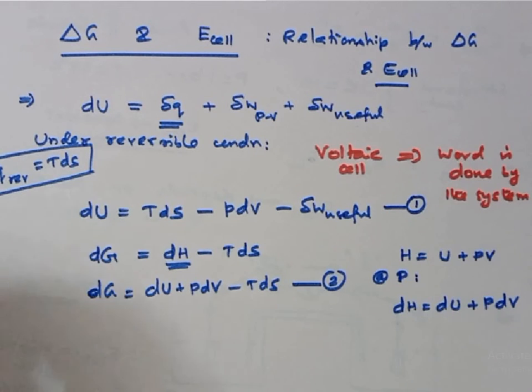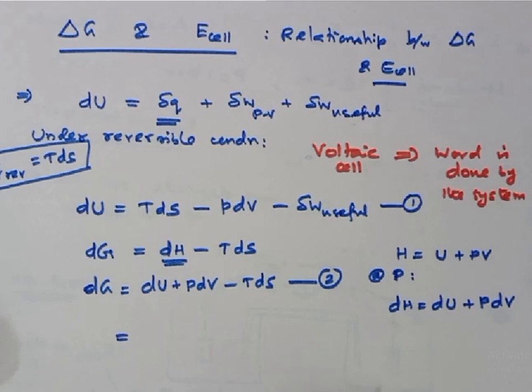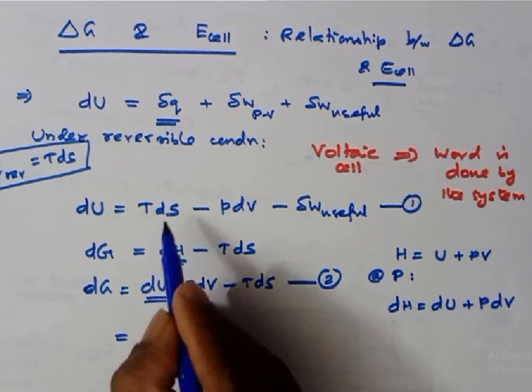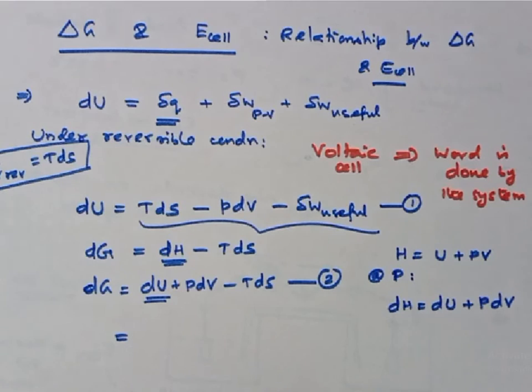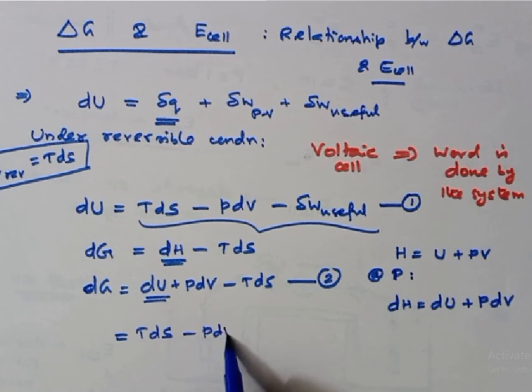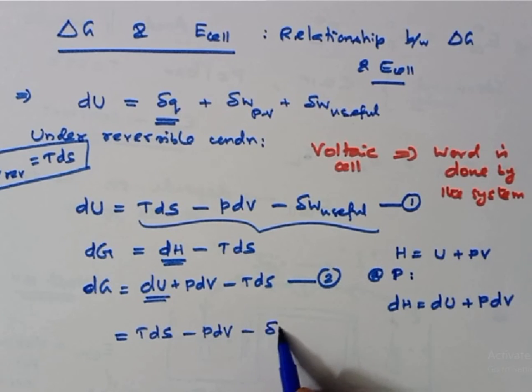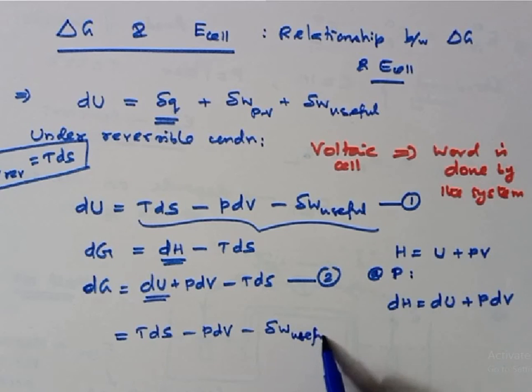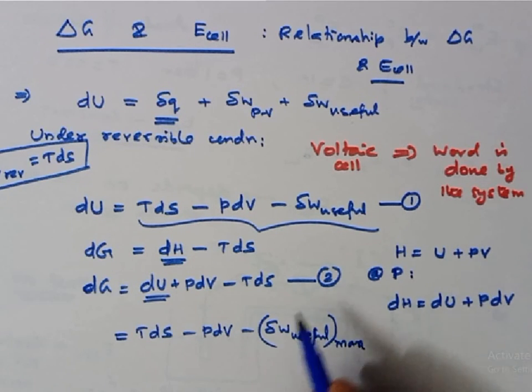Now what I'm going to do, I'm going to plug equation 1 in equation 2. So dG is equal to, students observe carefully, in the place of dU, I'm going to substitute this value here. So what we'll get? T dS minus p dV minus delta W useful, I'll put a max symbol here. Why max symbol? I'll tell you.